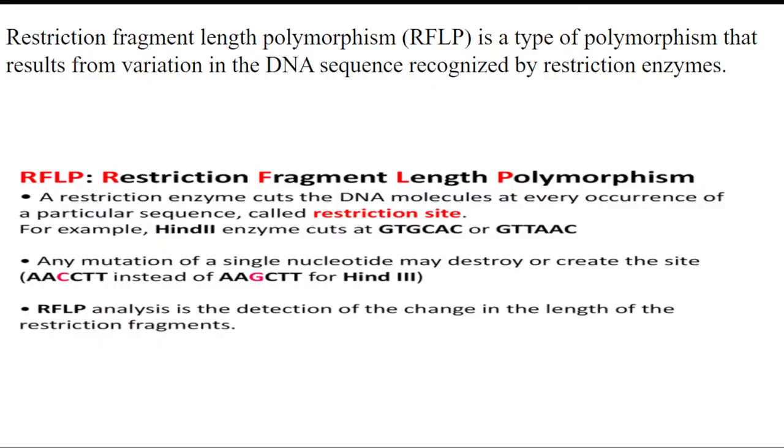For example, the HindIII enzyme cuts this sequence. Any mutation of a single nucleotide may destroy or create the site. For example, AACCTT instead of AAGCTT for HindIII. RFLP analysis is the detection of the change in the length of restriction fragments.